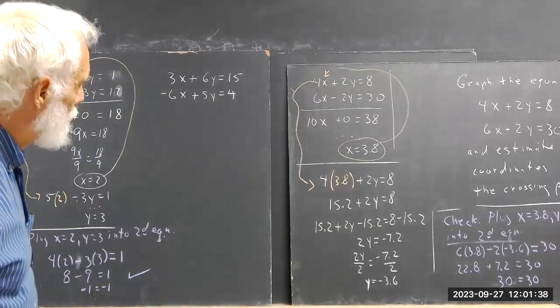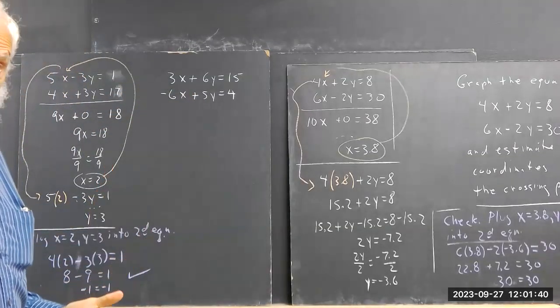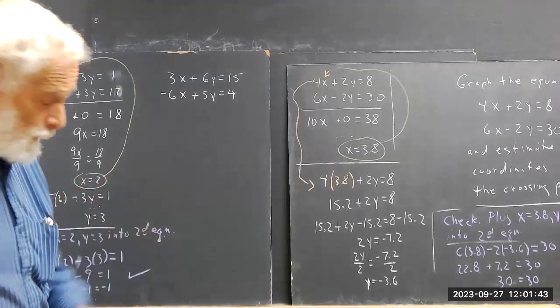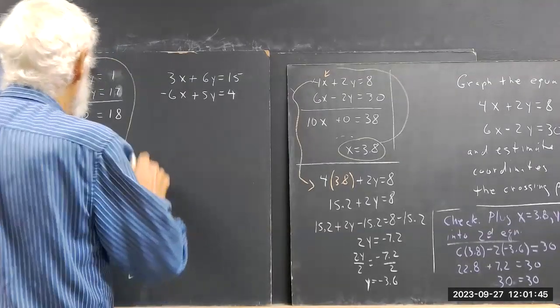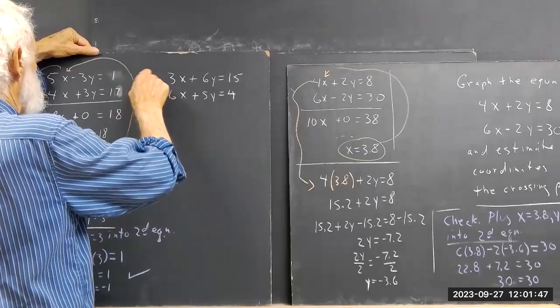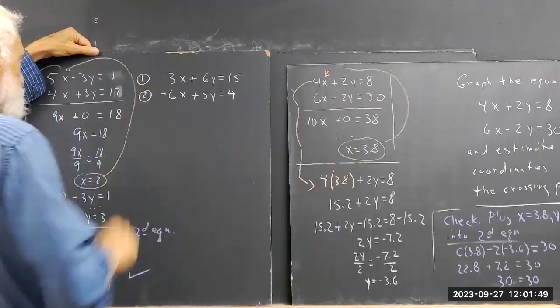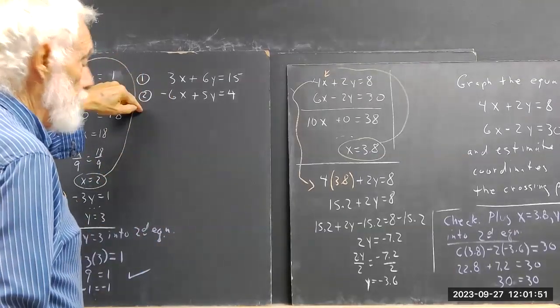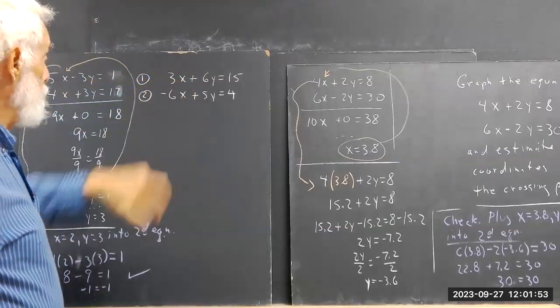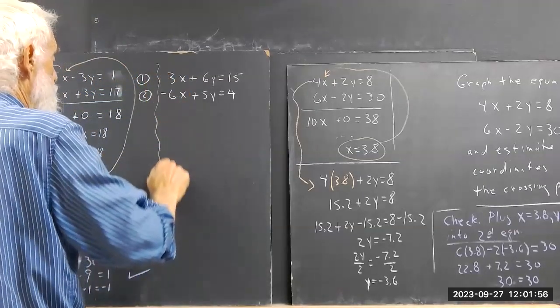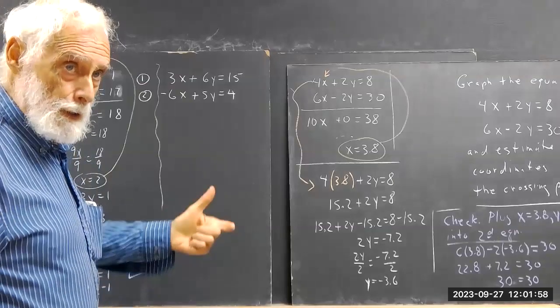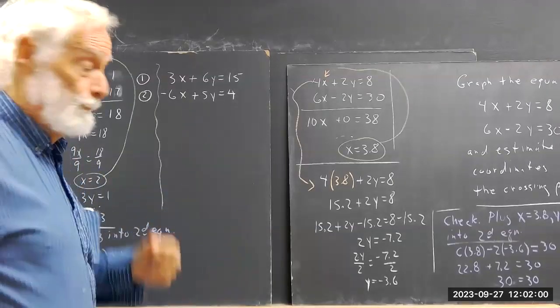Now, we might not see what to do with this. So pay careful attention to my notation. I'm going to use 1 here with a circle, and I'm going to use 2 here with a circle to indicate equation 1 and equation 2. These are not numbers that go into the equation. They're separate from the equation. But it allows us to number the equations, okay?